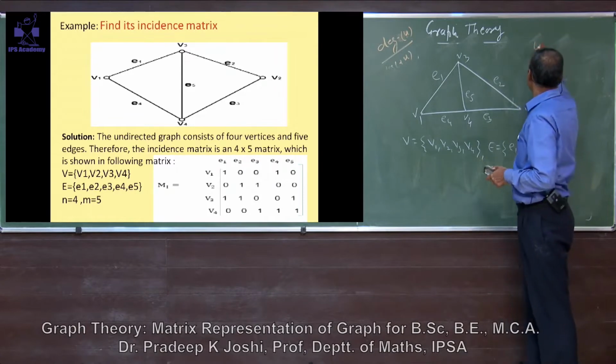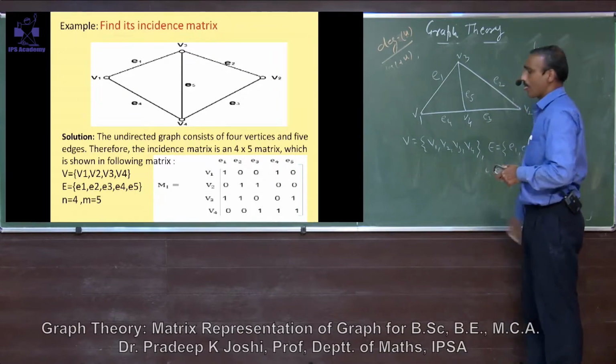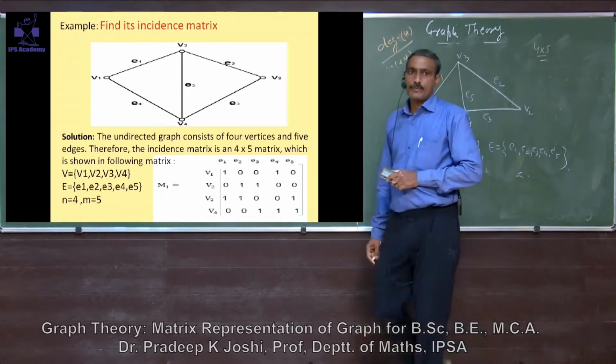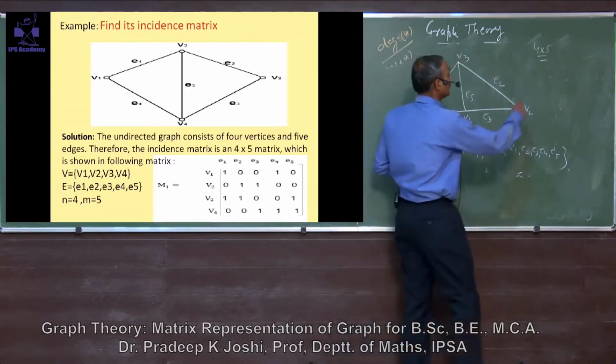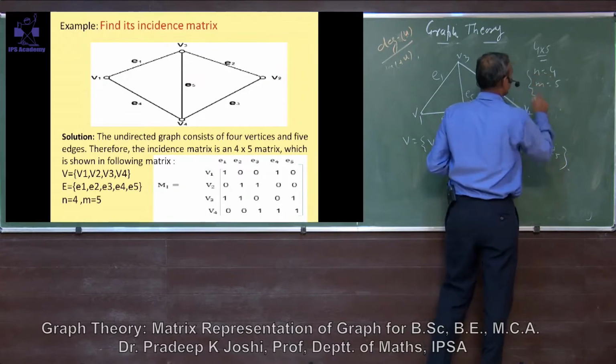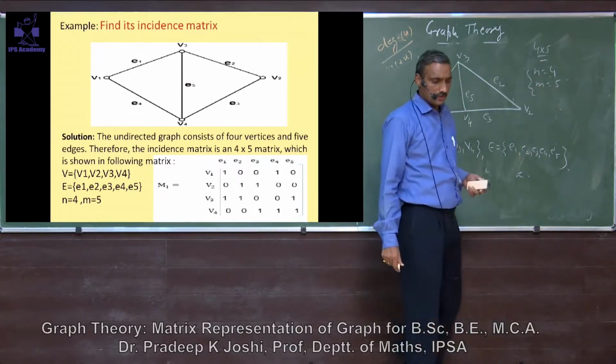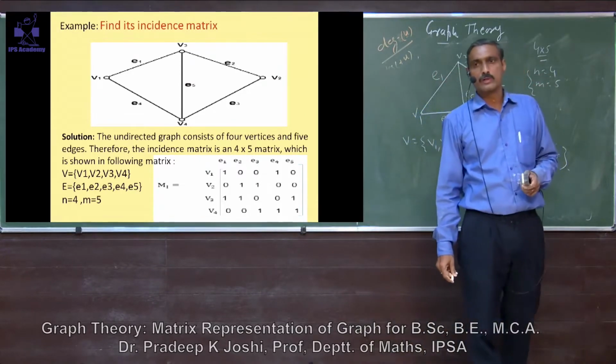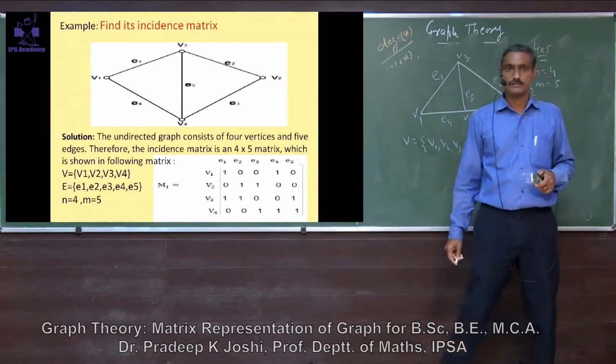Here n equals 4, the number of vertices, and m equals 5. In an incidence matrix, rows represent vertices and columns represent edges.